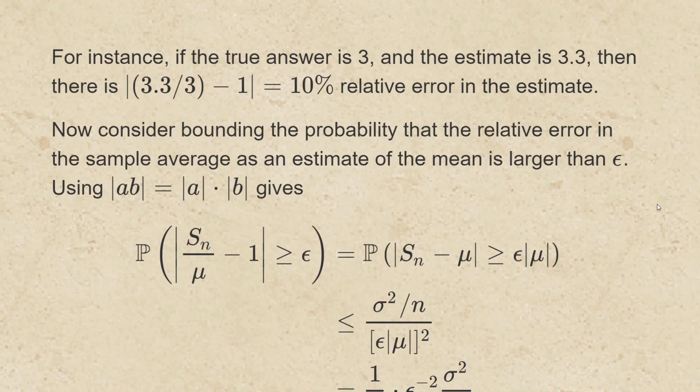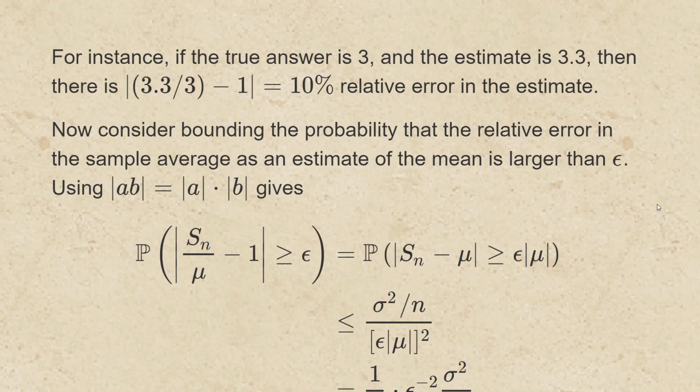Now consider bounding the probability that the relative error in the sample average as an estimate of the mean is larger than some fixed epsilon. Using that the absolute value of the product is the product of the absolute values tells us that the probability that the relative error in the sample average is at least epsilon equals the probability that the absolute error in the sample average is at least epsilon times the absolute value of mu.